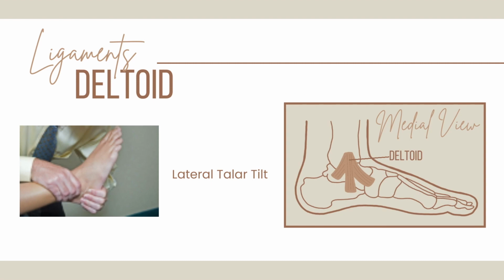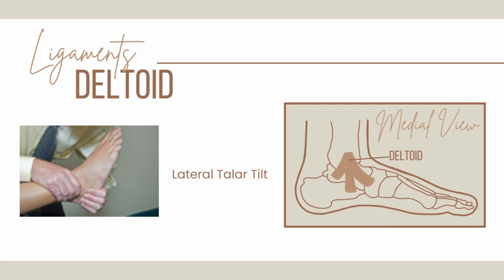Next, the deltoid ligament. It is a combination of ligaments that we just know as the deltoid ligament. You can see in the picture how big that group of ligaments is, and it's on the medial side of the ankle.